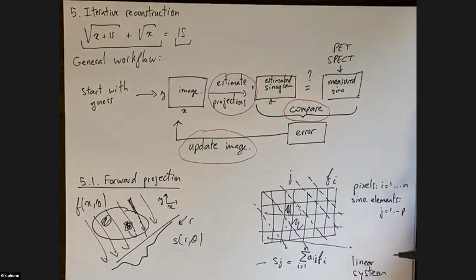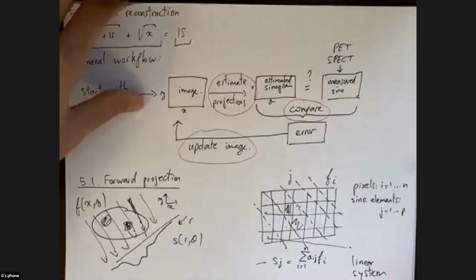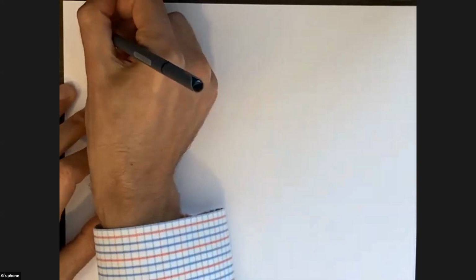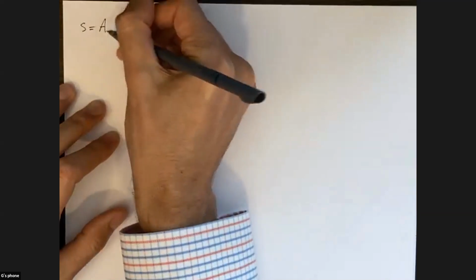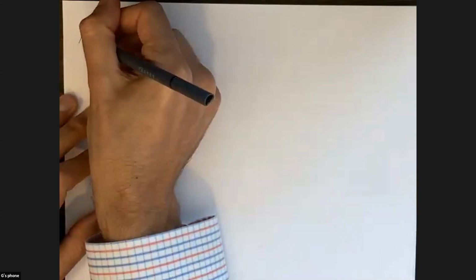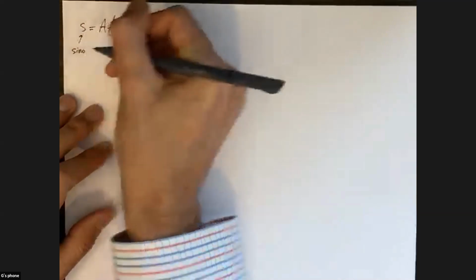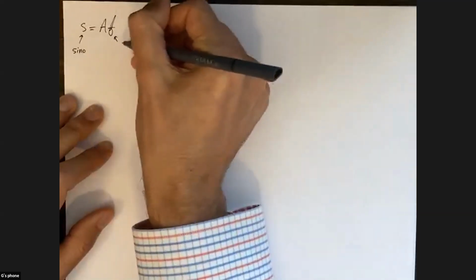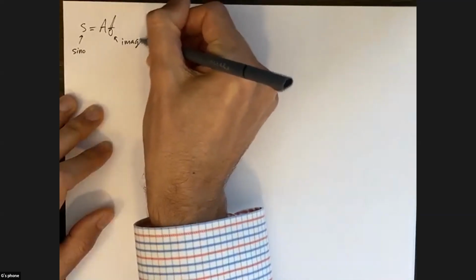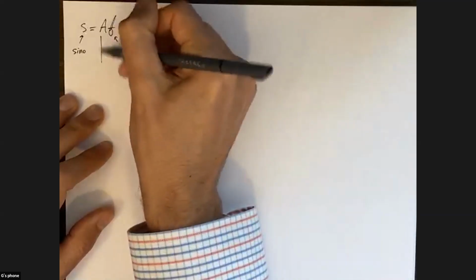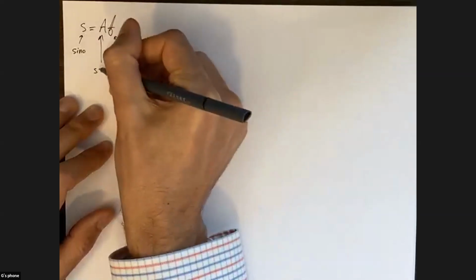Because of that, we can write the whole process using a matrix-vector multiplication. I can write it as S equals a matrix A times F, where this is the sinogram, this is the image, and this here is what we'll call the system matrix.